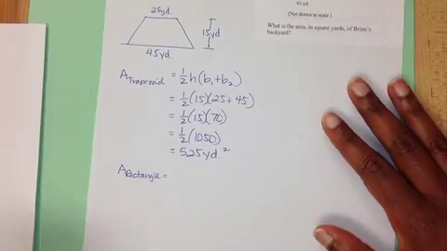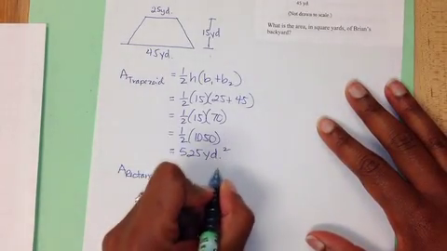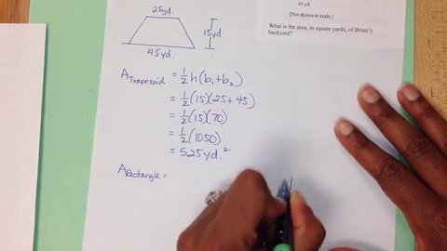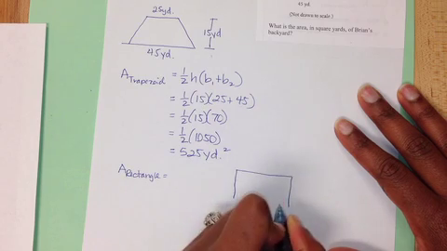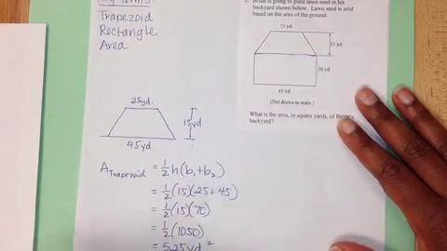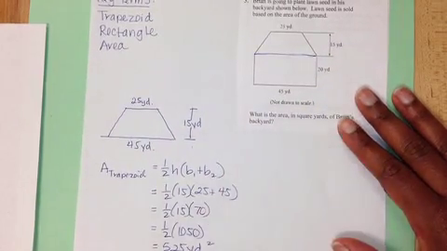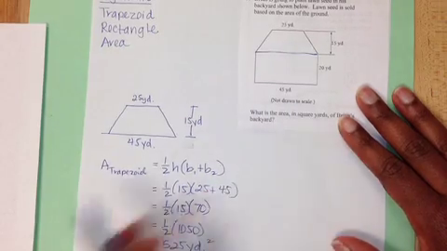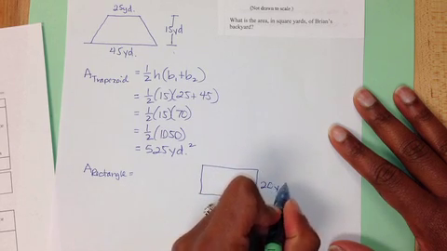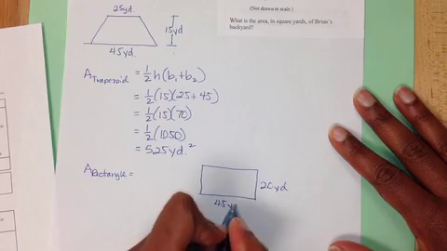So we're going to go ahead. Well, first, we should have drawn it like I've stated. So we're going to go ahead and draw it over here first. So we have our rectangle, and it is 20 yards by 45 yards. So we have 20 yards here and 45 here.